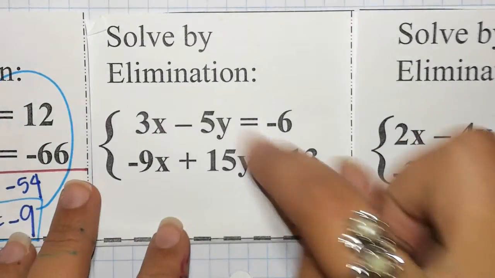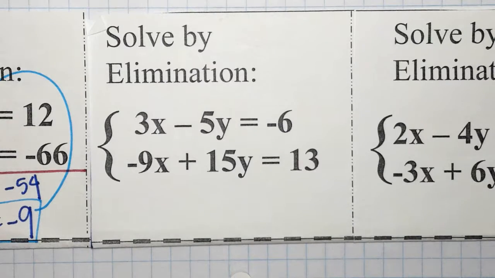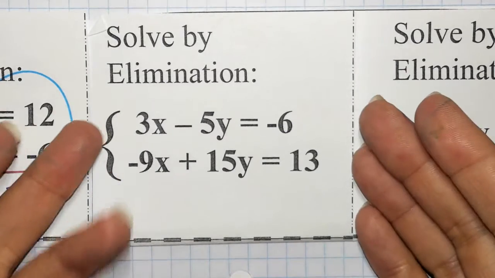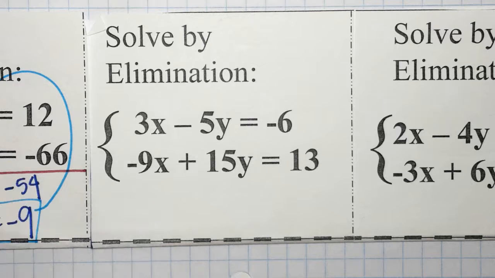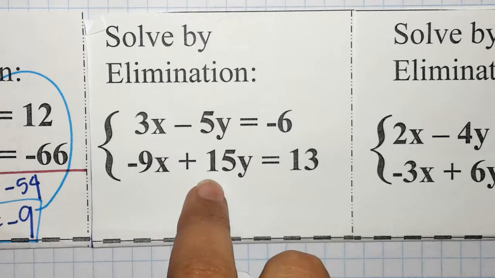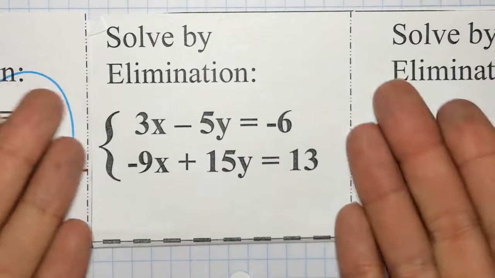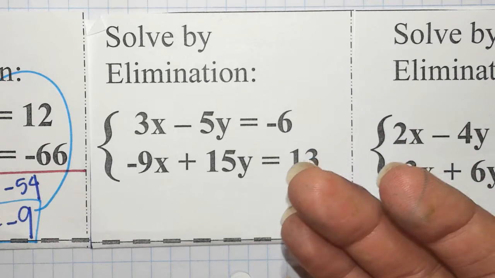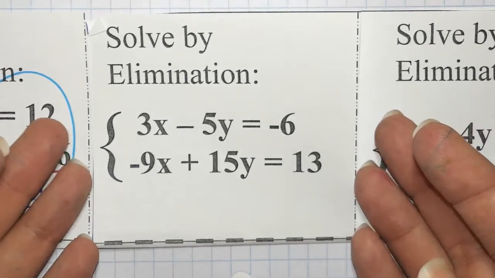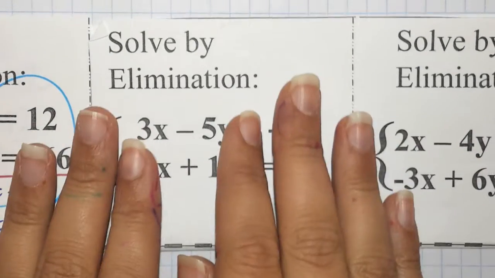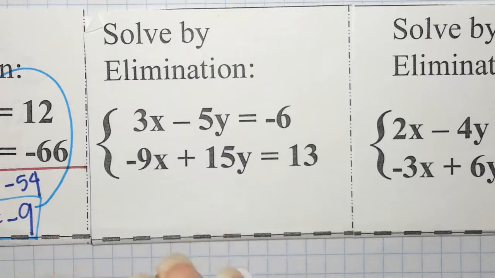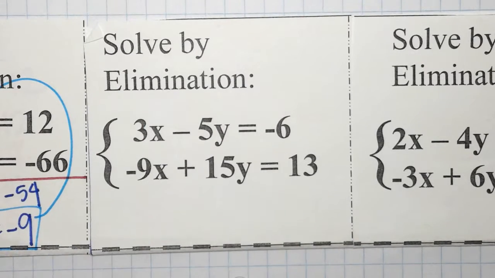No. Are the y's the same? No. So we can't eliminate. We do not, however, want to graph, nor do we want to use substitution because, one, they're not in slope-intercept form, and two, we don't have a variable by itself. So we still want to eliminate. The way we do that is we need to convert our equation so that our x's match up, or the y's match up.